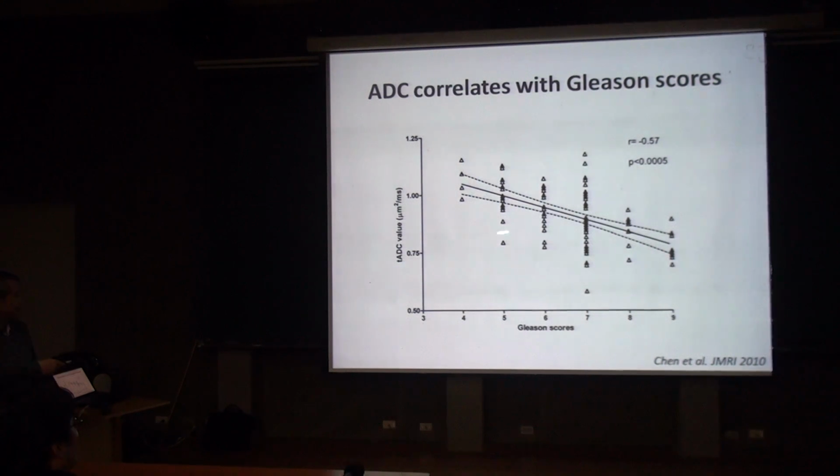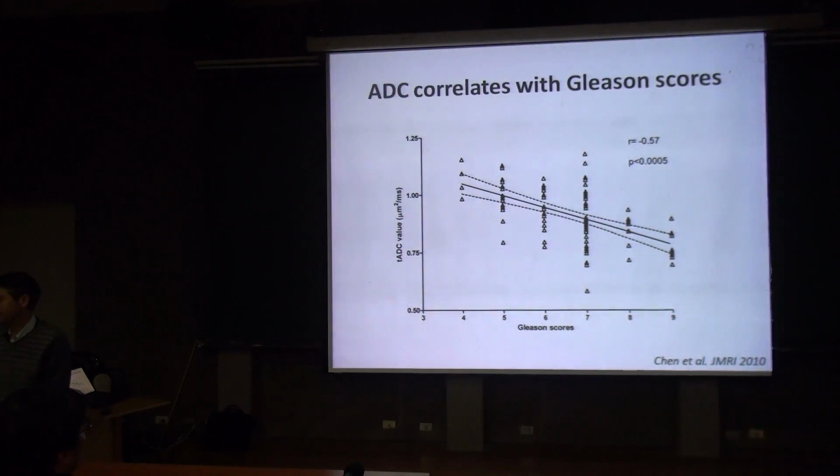And we found that the ADC actually shows a very significant correlation with the Gleason score. If the ADC is lower, the Gleason score is higher. That means if you have a very low ADC, like 0.75, then your Gleason score is probably around 9 or 8.